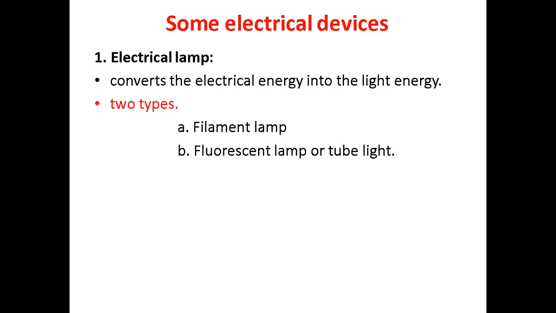According to your textbook, two types of electrical lamp are included. But nowadays, these are not the only types of lamps. Nowadays, very advanced types of lamps have also been developed.